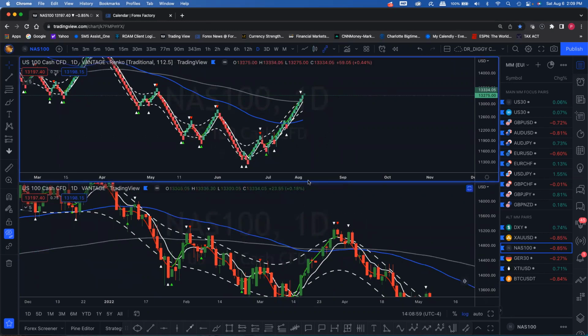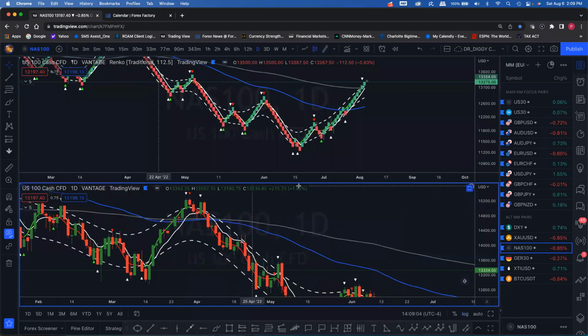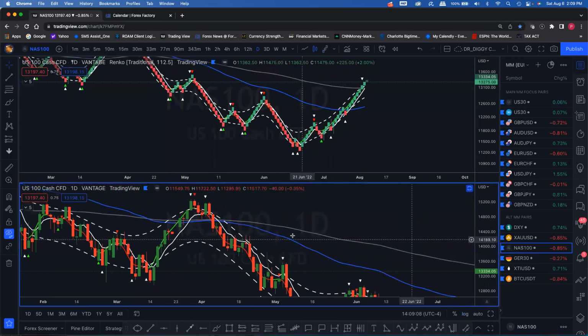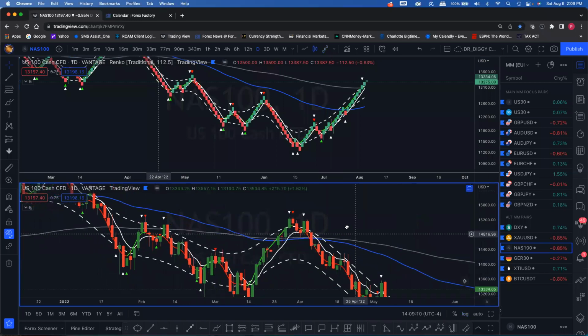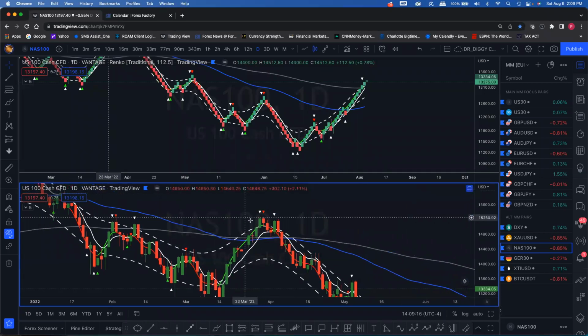What I want to show you here is how this ties in. You see how price, like in this area here, comes out of the envelope. So we're looking at price candles. What we look for on Renko, I'm not looking for on price.